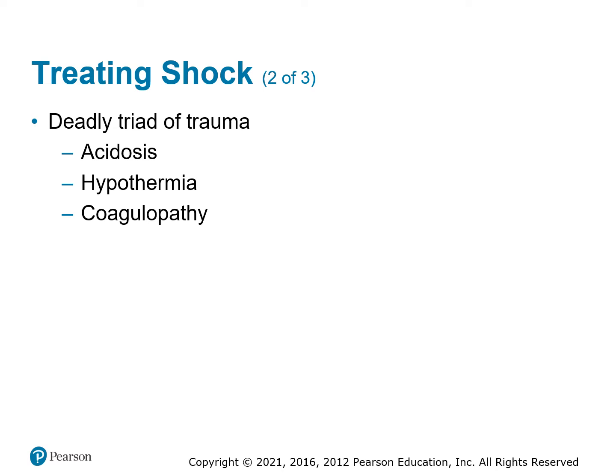So when you're treating shock, something else that you need to consider is called the deadly triad of trauma. Sounds terrible, doesn't it? But these three conditions significantly contribute to death in these shock patients. And it's acidosis, hypothermia, and coagulopathy.